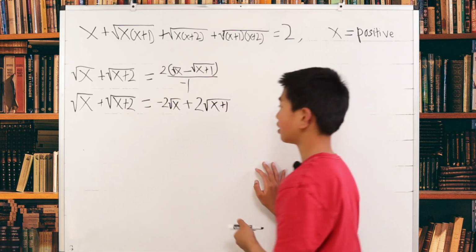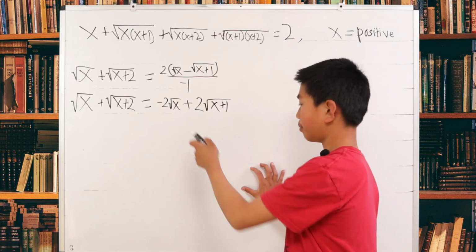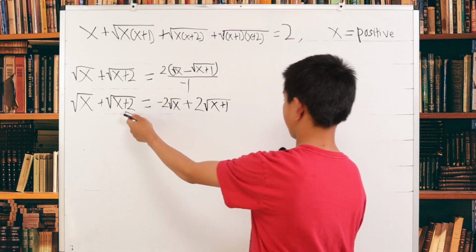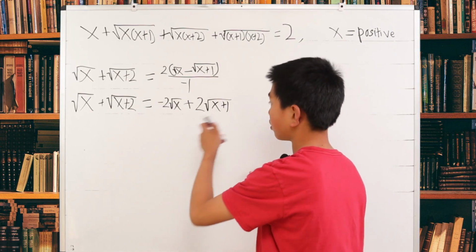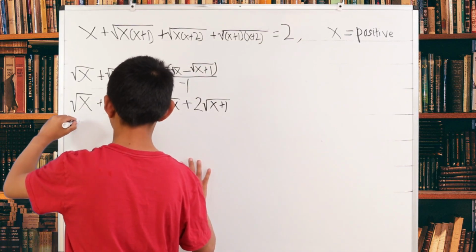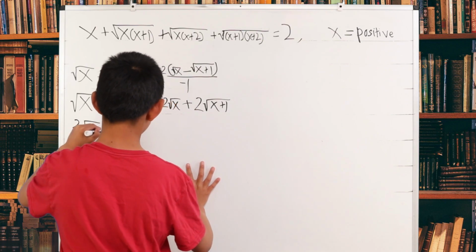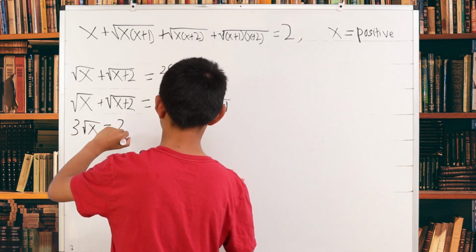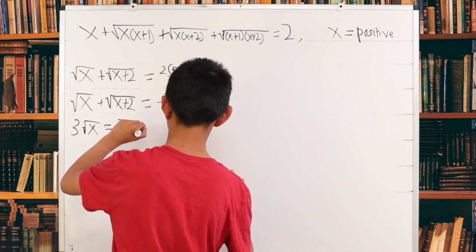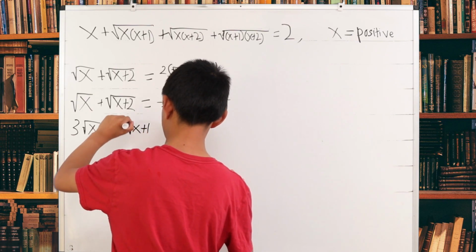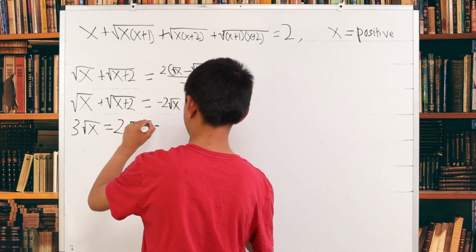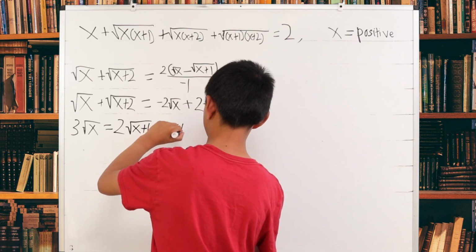So now you move things to the other side. You move the square root of x to the left and the square root of x plus 2 to the right. So now it is 3 times the square root of x is equal to 2 times the square root of x plus 1 minus the square root of x plus 2.